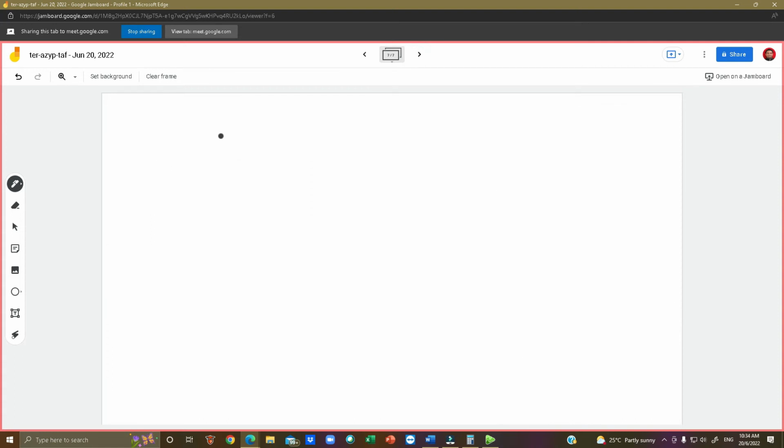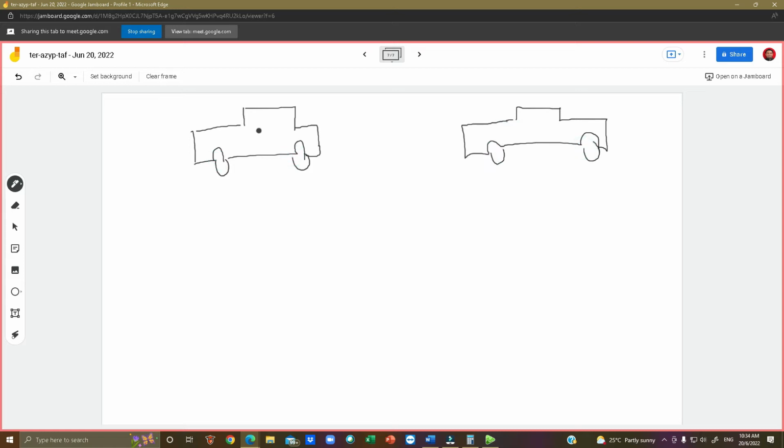Katalah, we have a car. Okay, we have two car. Ini dalam engineering lah. Dengan kereta yang kedua, sama je rupa dia, but it use a different materials. Okay, kereta A guna besi, kereta B guna aluminium.